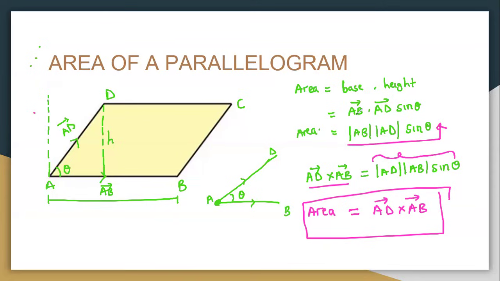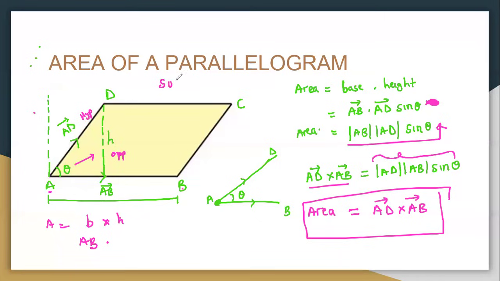Like here, we said, hope you understood this second step because it is coming from here. Because you know that we say that area of a parallelogram is given by base times the height. Now, when you look at our base, on our base we have AB. So that's why here we have AB, times the height. But we say that when you look at the height of a parallelogram, it is this angle between the two vectors. This is your opposite and this is your hypotenuse.